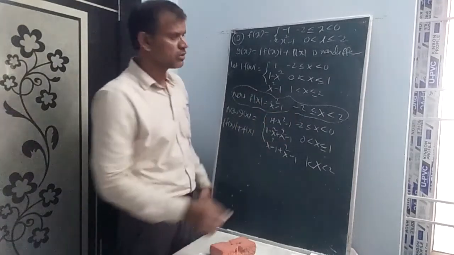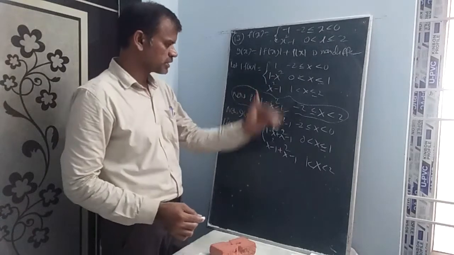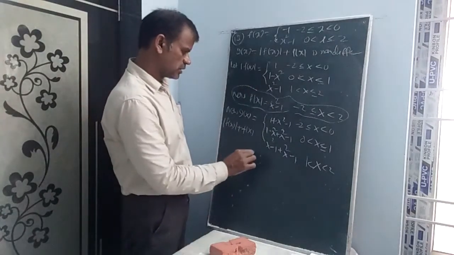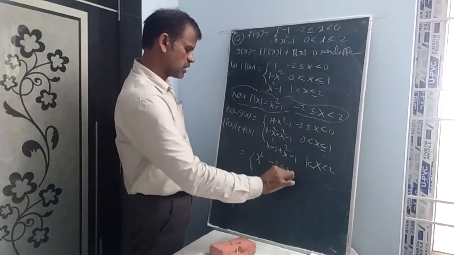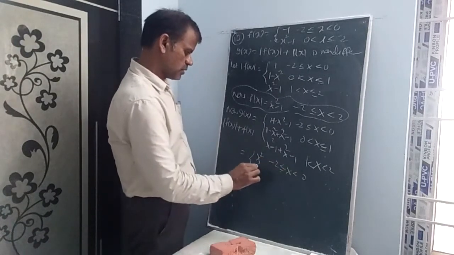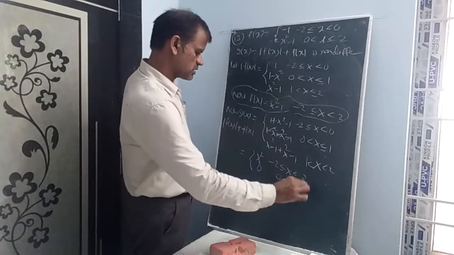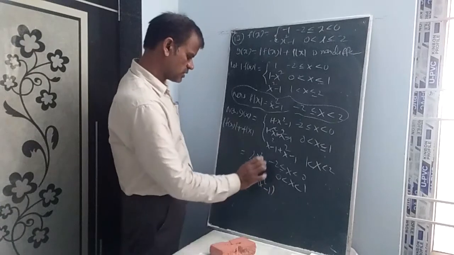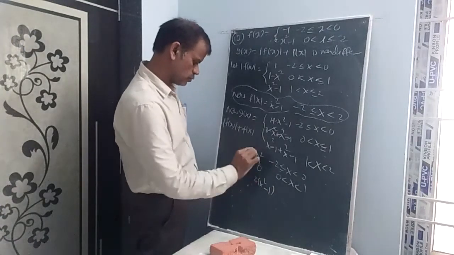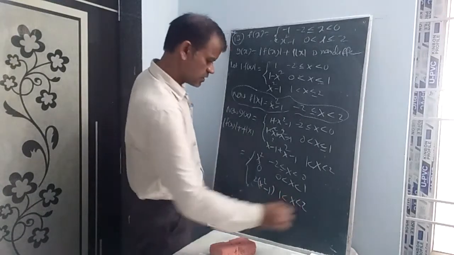Adding according to f of mod x and mod f of x, that is equal to x square for minus 2 less than x less than 0. For 0 less than x less than 1 it fully cancels, giving 0. And 2 into x square minus 1 for 1 less than x less than 2.